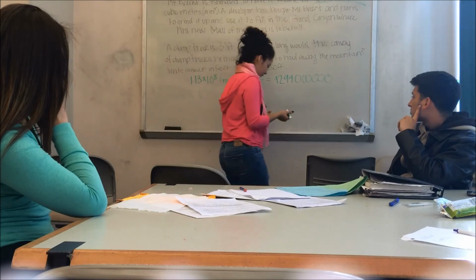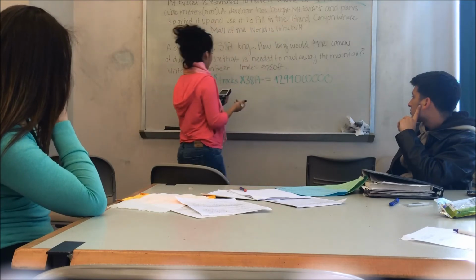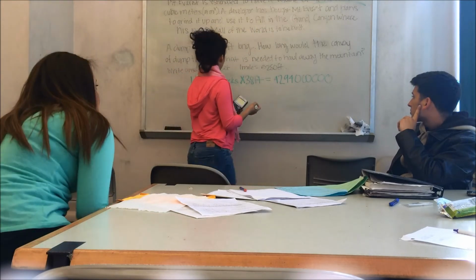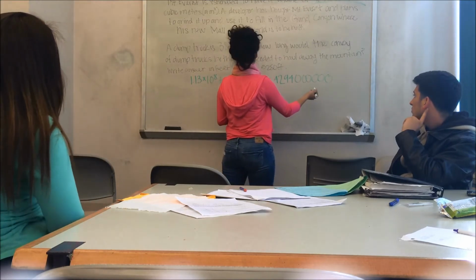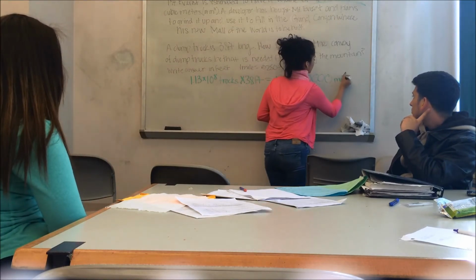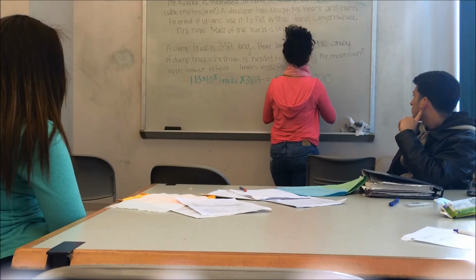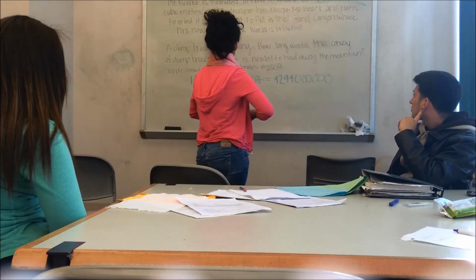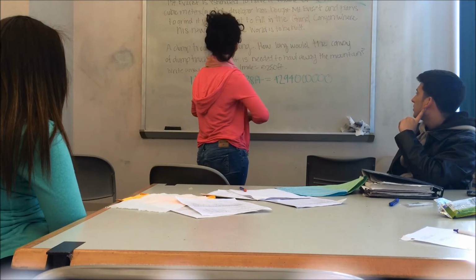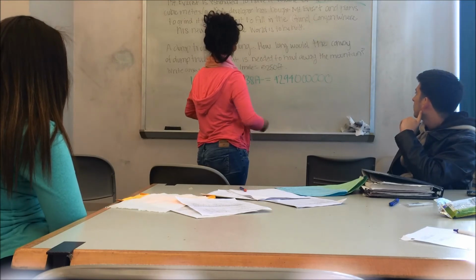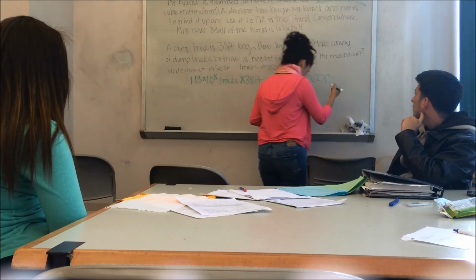So now what I would have to do is convert to feet, because this is miles. No, this is feet. Right? Would that be feet or miles? Feet. Okay, so that would be.